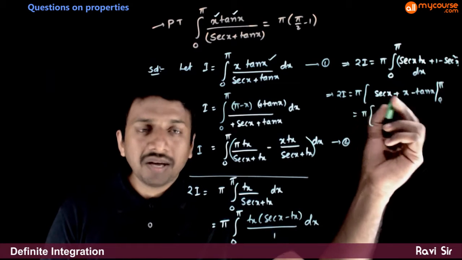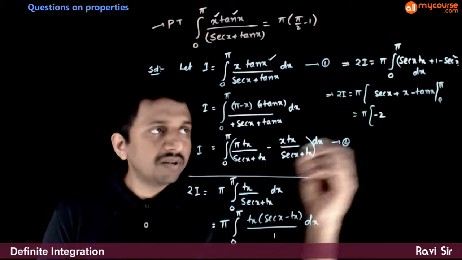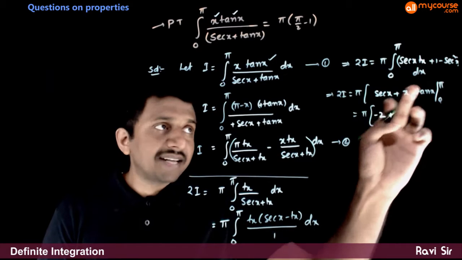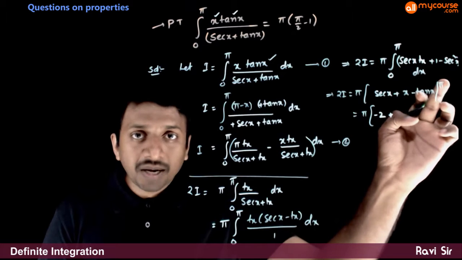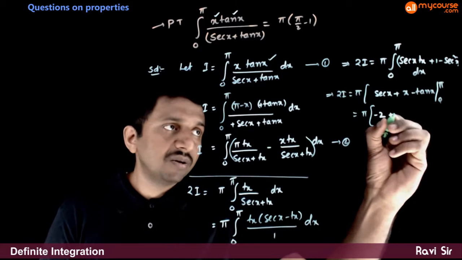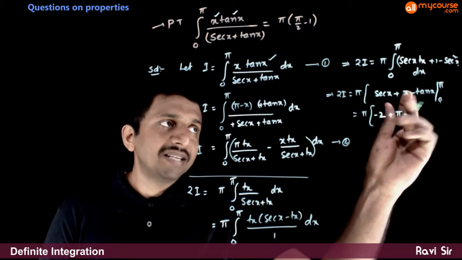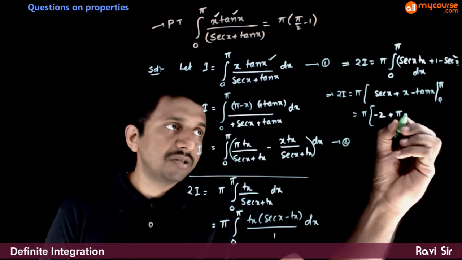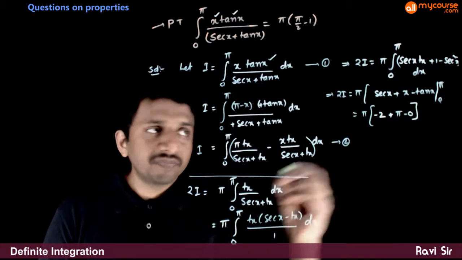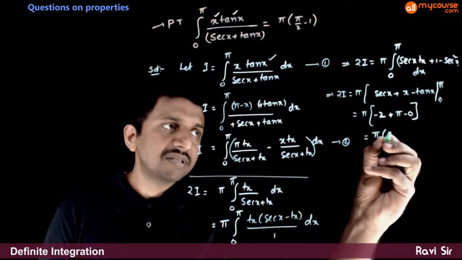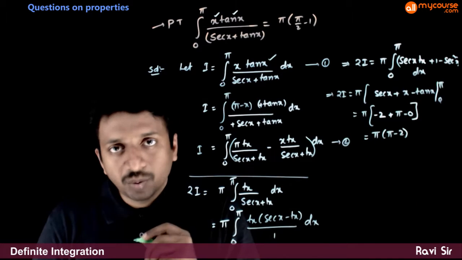So minus 1 minus 1 is minus 2, plus x. When you put the upper limit, it becomes pi minus 0, which is pi, minus tan pi, which is 0, tan 0 is also 0, so you get 0. That is equal to pi times pi minus 2.